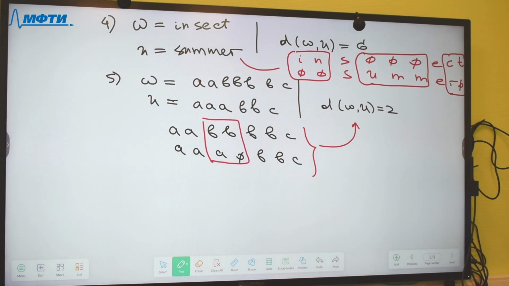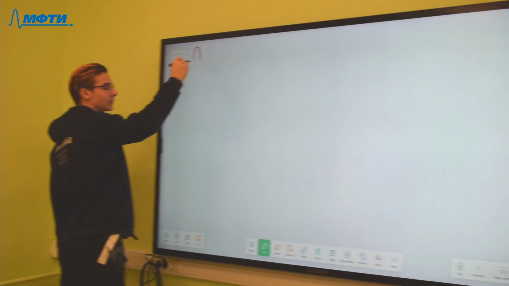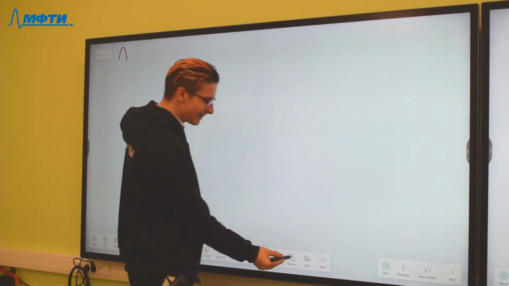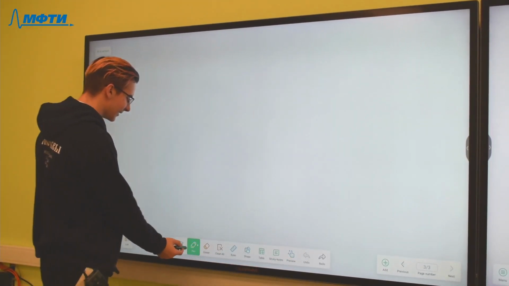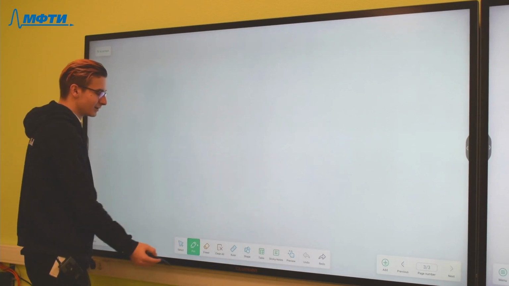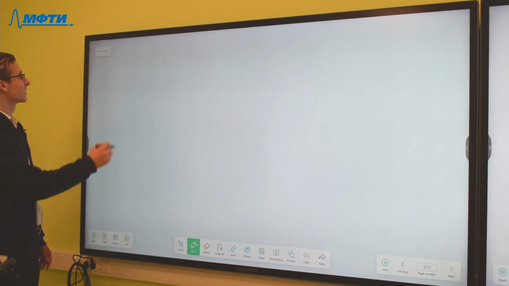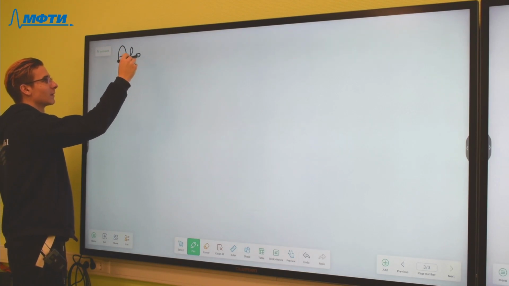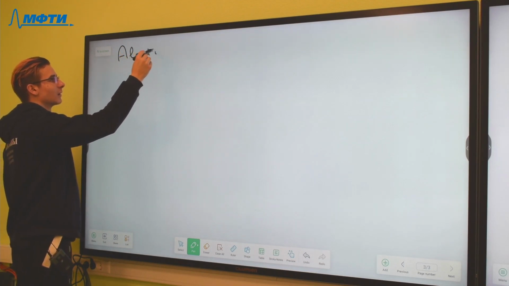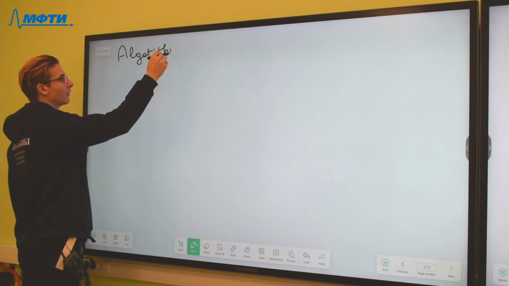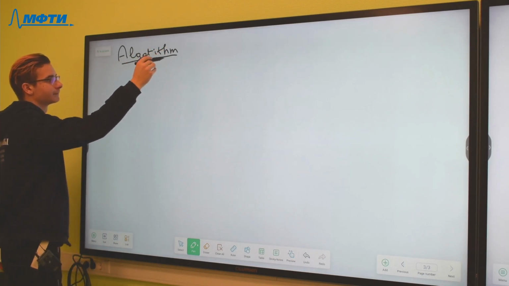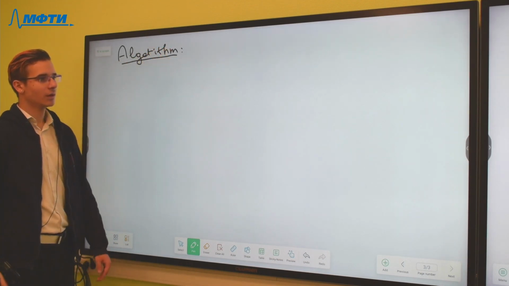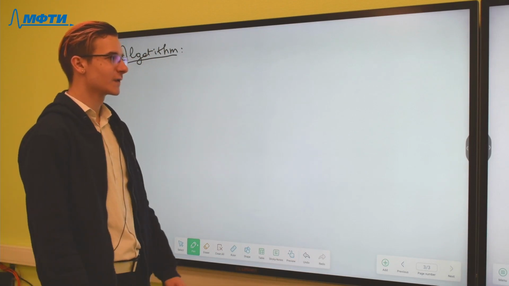It's better to understand what the algorithm is than to understand in a common way how to find the distance, because the algorithm is simpler for us to understand than empirical ways to understand it.